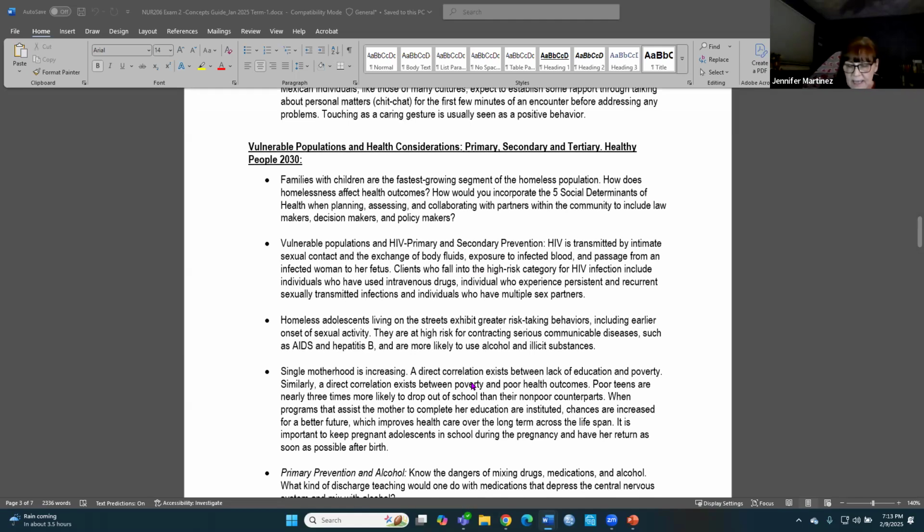When we look at the vulnerable populations and health considerations under Healthy People 2030, families with children are the fastest growing segment of the homeless population. These are people that are homeless. They may be living in the streets.